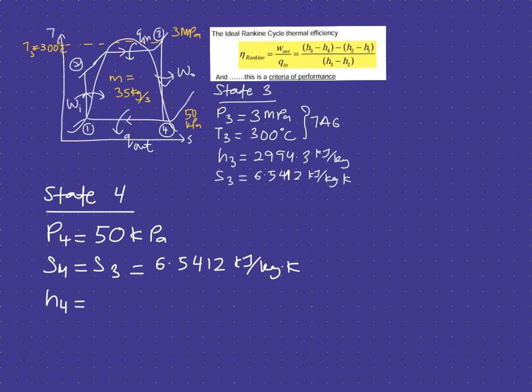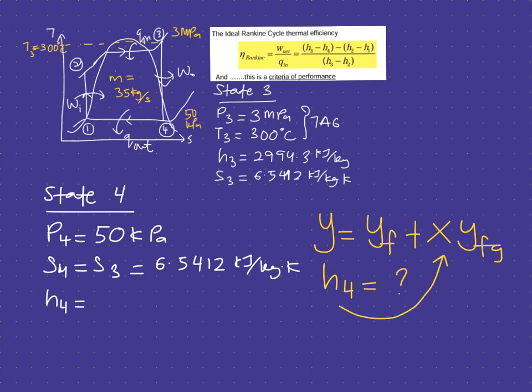Only then are you allowed to make use of this general equation, y is equal to yf plus x yfg, in order to find H4. And before you can do that, you will need your x4 first. So let's try this one by one.